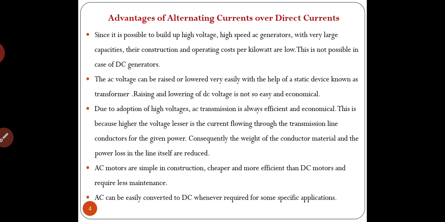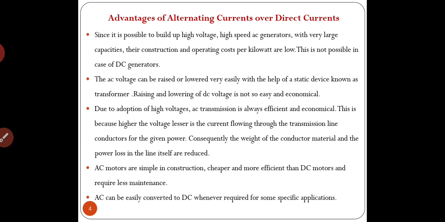AC generation is easy and operating costs per kilowatt are low. But in DC generators it is costly and cumbersome to generate DC currents at high voltage levels.